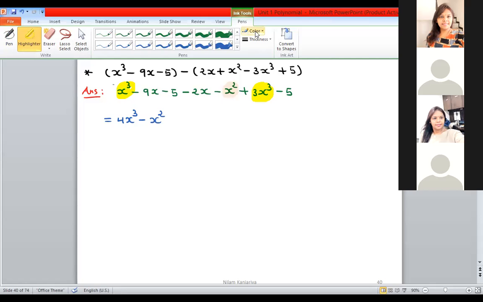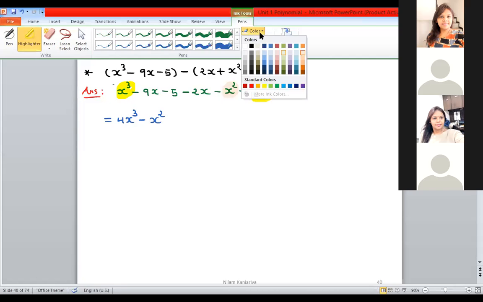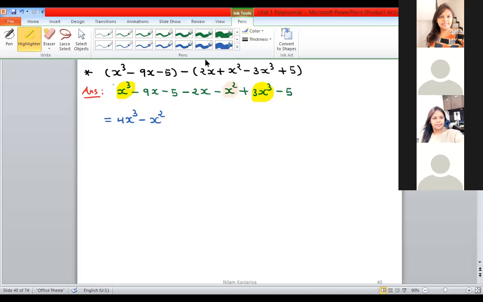So on, removing again one negative term. And that was 9x, 2x, and both are negative. Minus minus plus. 9 minus 2, it is 11x. And last but not the least, the constant number.